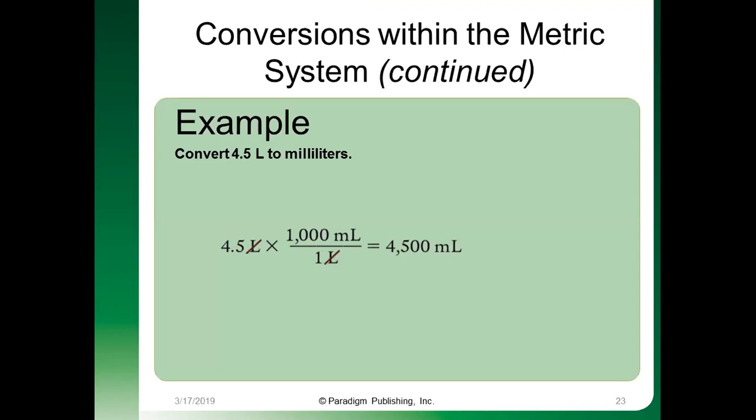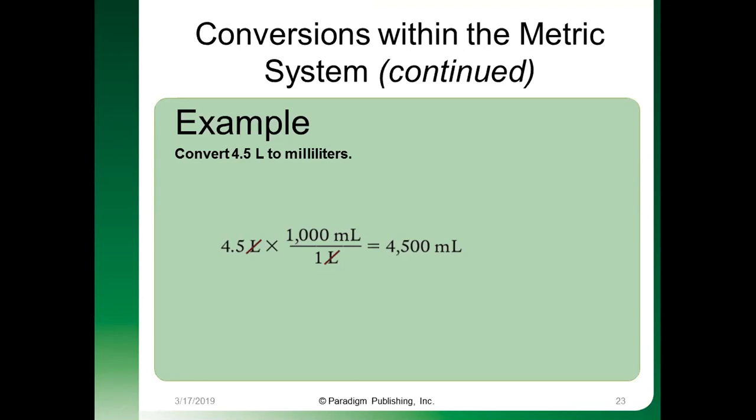So let's set this up. We're converting 4.5 liters to milliliters. So then we have to remember, we'll put the units that we know and that we want as the numerator. Here the book is doing it a little bit different.